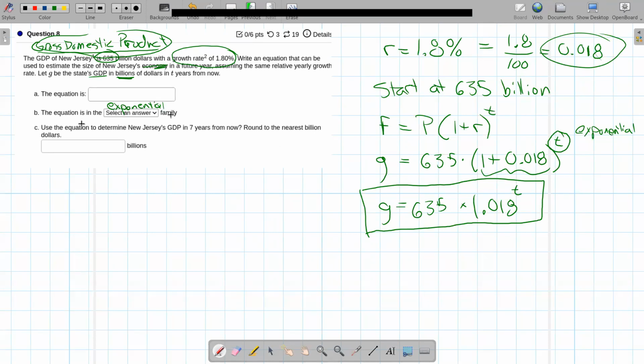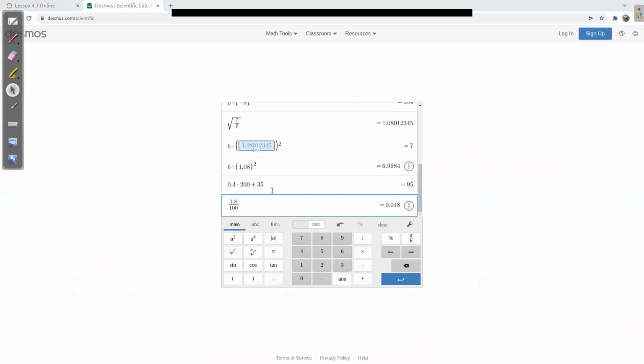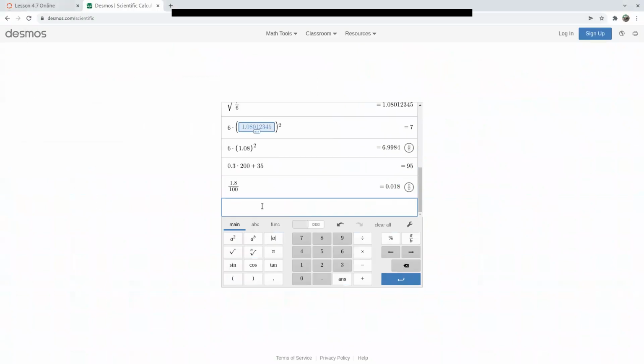And then use the equation to determine New Jersey's GDP 7 years from now. So I just plug in 7 years for this one. This will be 635 times 1.018 to the power 7. And we ask our calculator, what is that? Notice they have the word billions on the outside, so I don't need to add any zeros here. Your numbers will be a little bit different.